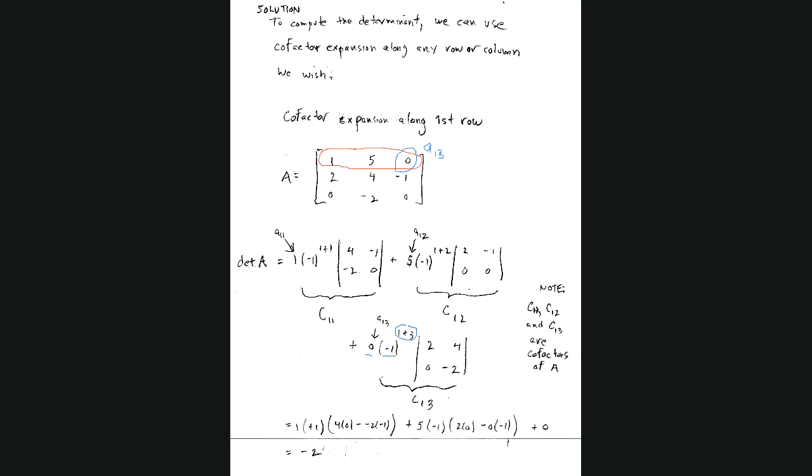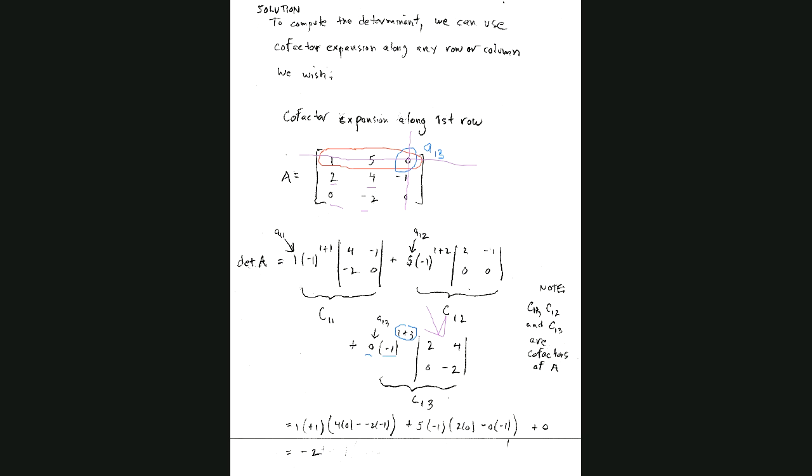The submatrix that results comes by crossing out the first row and the third column, and we get the submatrix 2, 4, 0, -2. The determinant of that is your third cofactor.